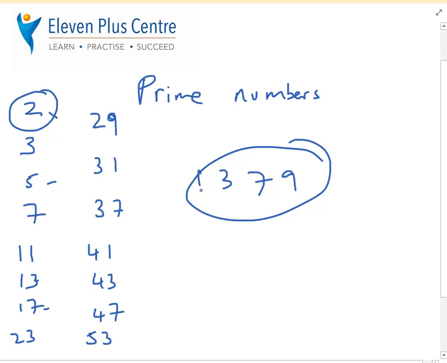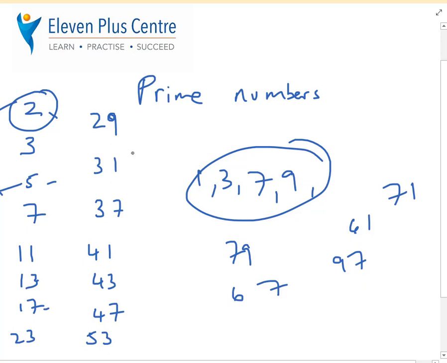So all prime numbers end in either 1, 3, 7, or 9. 2 and 5 are the only ones that don't. If you look carefully, look at all of these. Even if I look at these few other prime numbers like 79, 67, 97, 61, 71, these are all numbers that end in either 1, 3, 7, or 9.